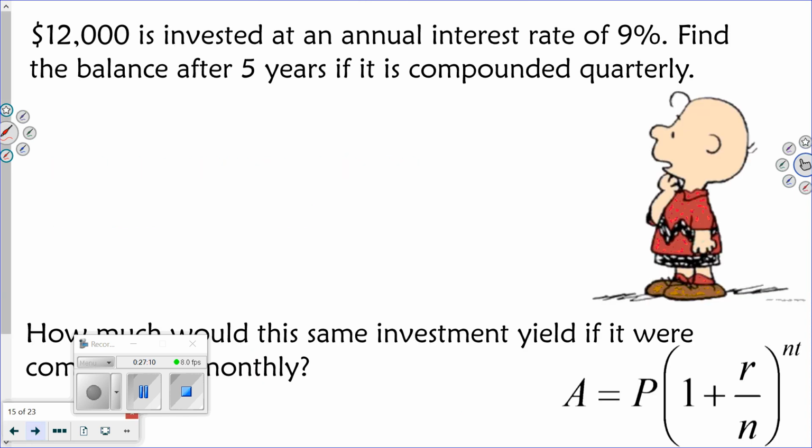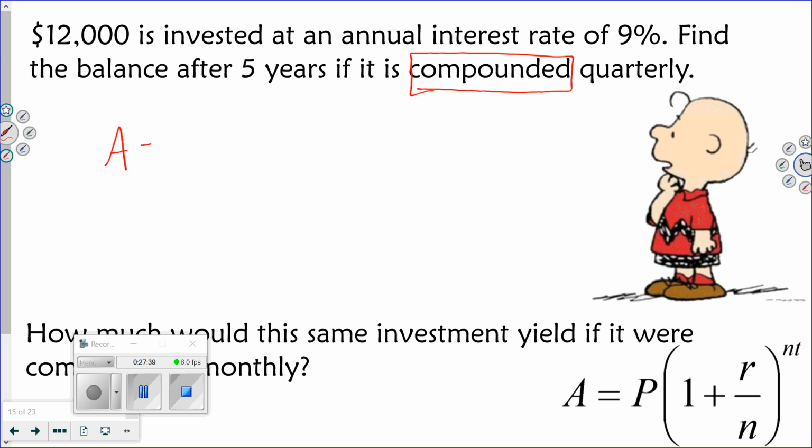All right. So here we go. $12,000 is invested at an annual interest rate of 9%. Find the balance after 5 years if it is compounded quarterly. All right, so guys, the way to tell what formula, because I'm going to give you a couple of them, if it says the word compounded, you're going to use the compound interest formula. Makes sense, right? So if it is compounded quarterly, monthly, weekly, whatever, use that formula.